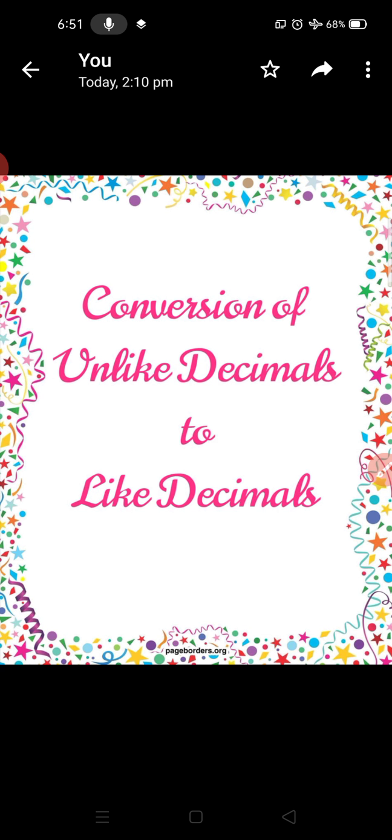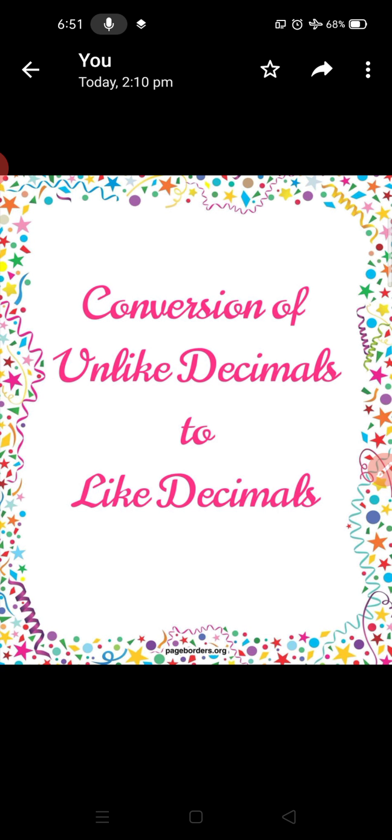Here we have 2 digits, and for the second number we have 4 digits. Among these two numbers, which has fewer digits? The first number. So now we are going to add zeros to the first number. How many zeros do we need to add? Compare the number of digits in the fractional part. It is 2 and it is 4. What is the difference between these two? The difference is 2. So we need to add 2 zeros to the right of the first number.